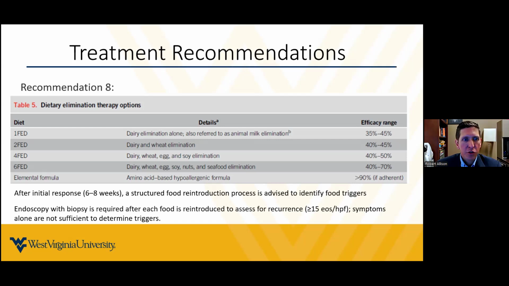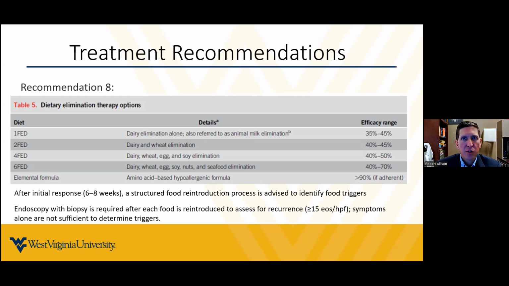And if they do get a response within about 6 to 8 weeks, then the hallmark of this is that you should reintroduce one allergen at a time to see if symptoms return. And once the symptoms return, then you would go back for endoscopy to see if there are eosinophils again.